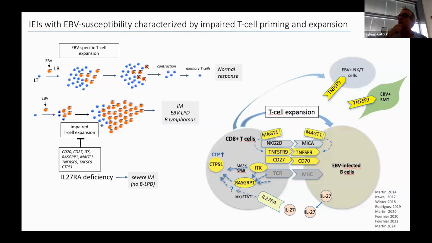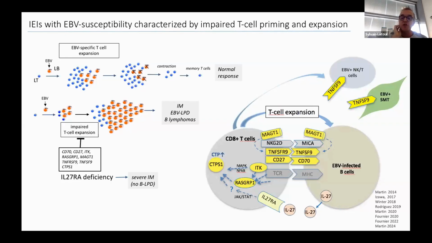Notably, this cluster provides signals and factors required for sustained expansion of activated T cells. So when one of these genes is defective, the EBV-specific T cells are not able to proliferate and expand, and this expansion is not sufficient to counteract EBV-infected B cells, leading to accumulation of EBV-infected B cells that could lead to lymphoma.